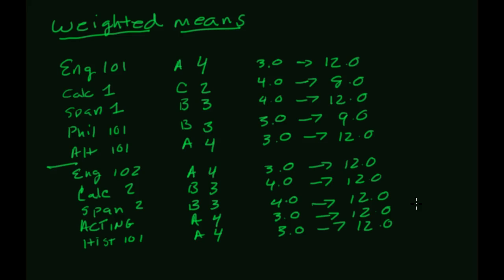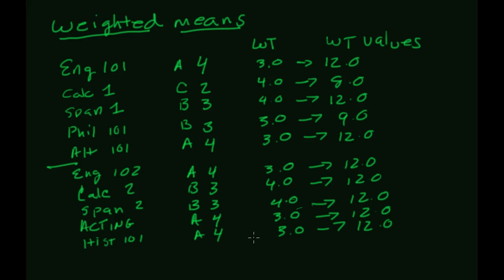Okay, so lots of weighted points here, right? So we have 2 columns that we have to add up. We have to add the weights, and then we have to add the weighted values, or the weighted grades. If I add up all the weights, let's see, that's 3 and 4 is 7 and 4 is 11 and 3 is 14 and 3 is 17, 20, 24, 28, 31, 32 credits.